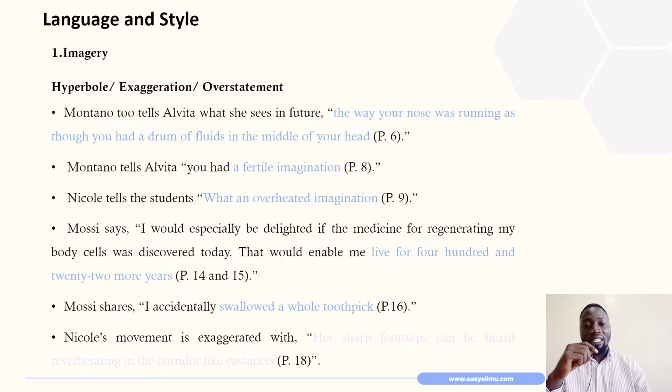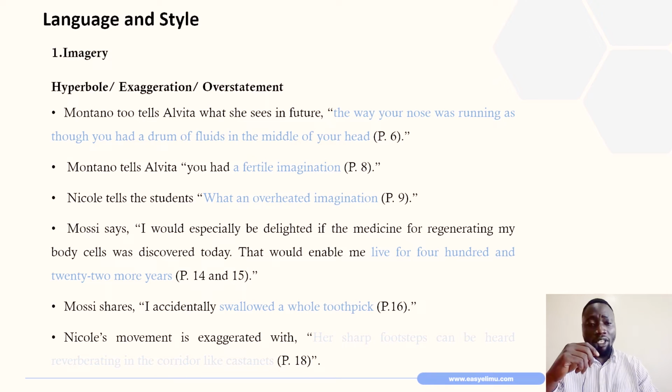So there are some elements of exaggeration in the words chosen, because you know the size of a drum, you know the size of a human's head. There is no possible way that a drum of fluid or any other liquid can fit into the head. So there is some exaggeration.